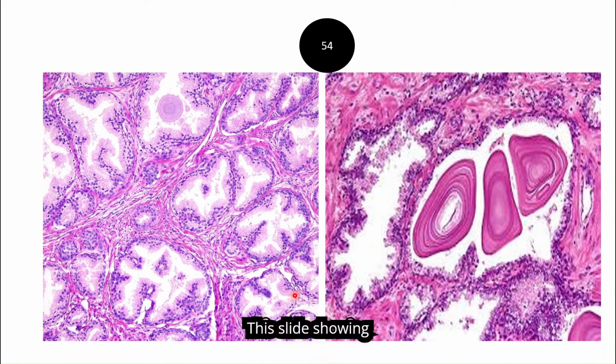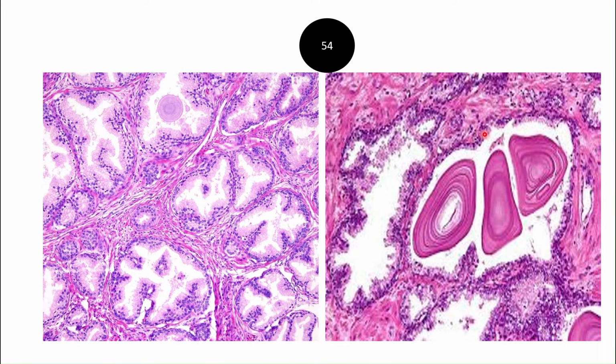This slide is showing glandular proliferation having double layered epithelium. Inner columnar with basally placed nuclei, and outer epithelium is flat cuboidal with fibrous septa or stromal proliferation in between the gland.